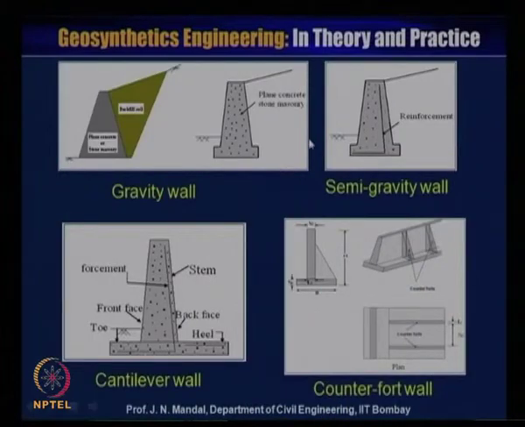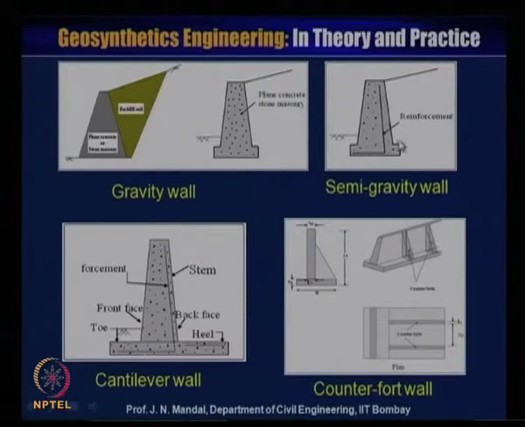You can see this is the gravity wall, this is the plain concrete, and this is the backfill material, and this is the plain concrete masonry. This is the conventional system.